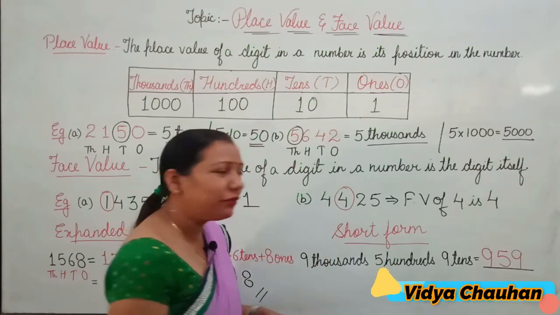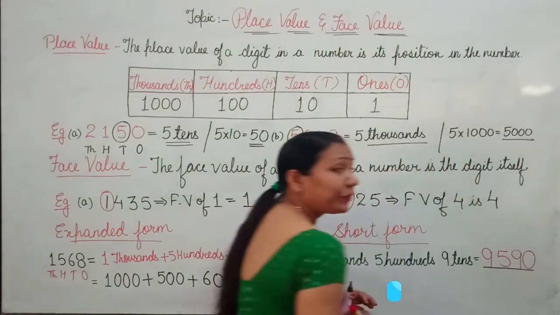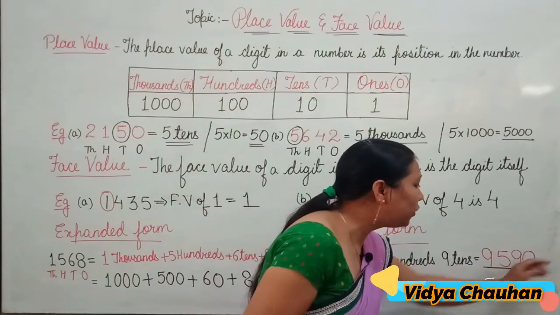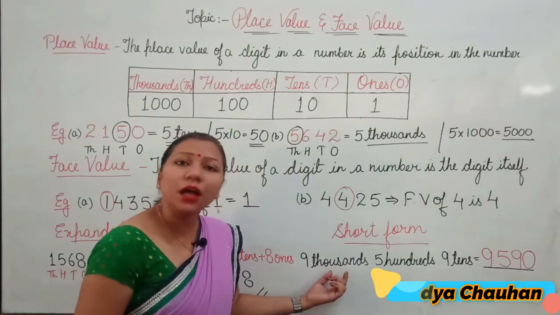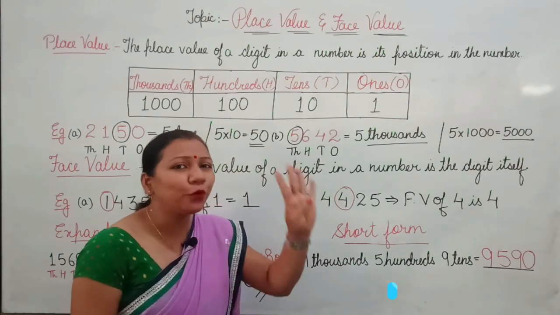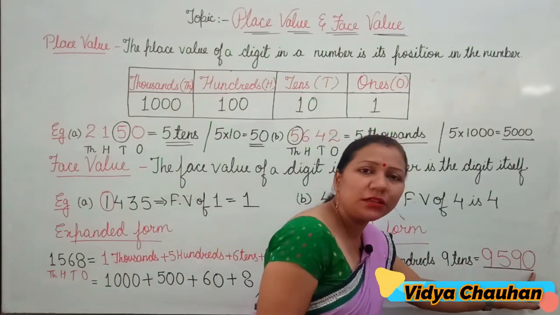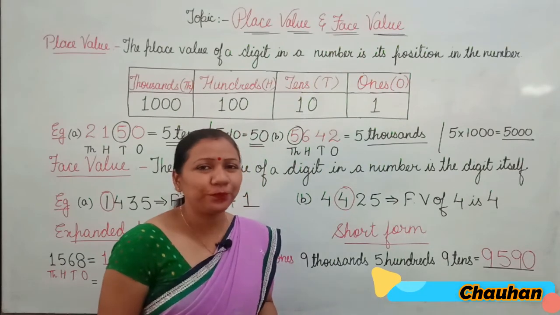When something is not given, we have to fill that place value with 0. You cannot leave it as it is. Why? Because if you do not write this 0, it becomes a 3-digit number, whereas we are representing it in thousands. Thousands means a 4-digit number. So since the ones place digit is not given here, it means at ones place we have 0.